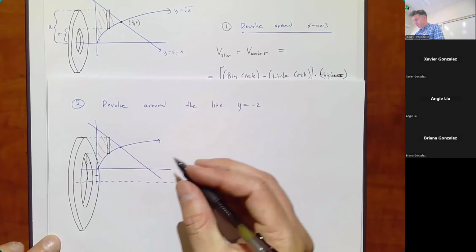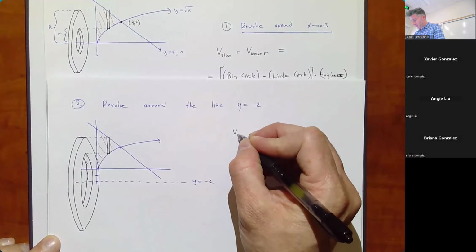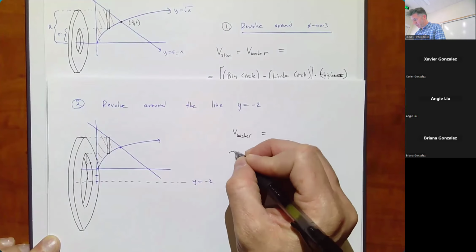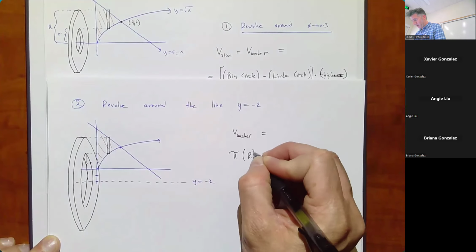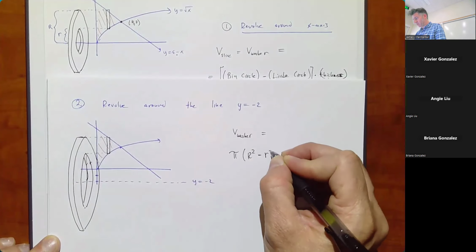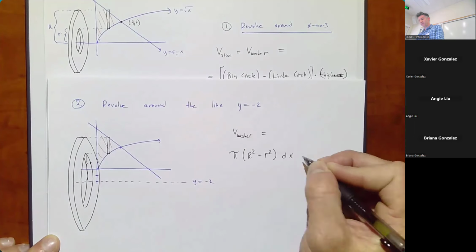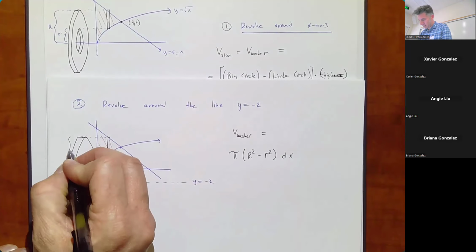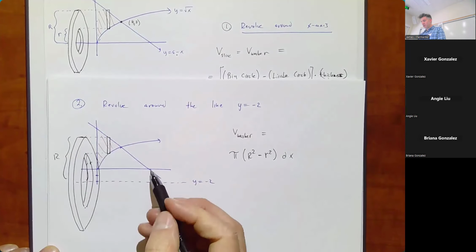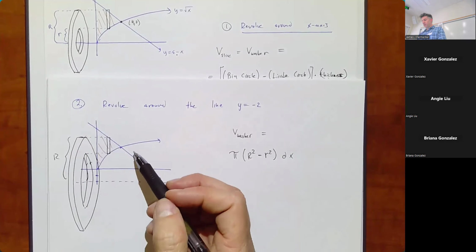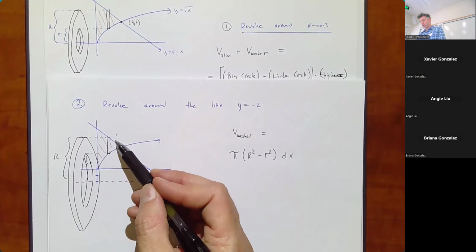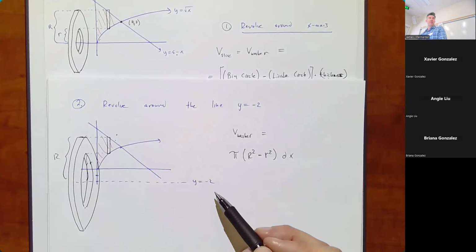And the volume of this washer, still the same idea. It's going to be pi times the large radius squared minus pi times the smaller radius squared times your thickness. Now the large radius isn't just your bigger function, it's the difference between your bigger function and the axis y equals -2.